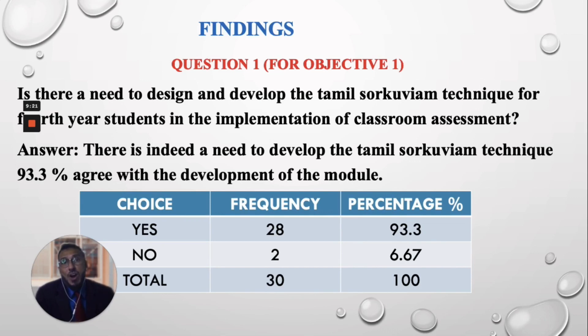If you can see this data over here, 28 students out of 30 agreed to the Sorkuviam technique, where they want the gamification aspect in their learning methodology, and only 2 students said no. So a total of 93.3% agreed. According to the research, there is a need for Sorkuviam gamification in the implementation of classroom assessment.